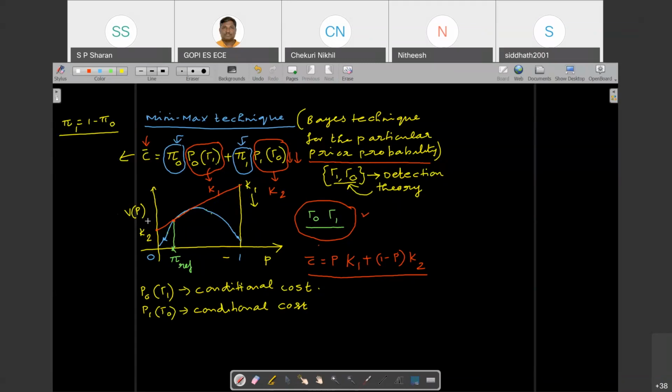This is going to be your K1 and this is going to be your K2. They are going to be identical. They are going to be equal. Right? At that point, what we really achieve here is, this is the point where you are treating it as a pi reference and you are designing that Bayes rule, and you are getting this pi gamma naught and gamma 1. Bayes rule means you are supposed to get the minimum cost. That is what we call it as Bayes rule.